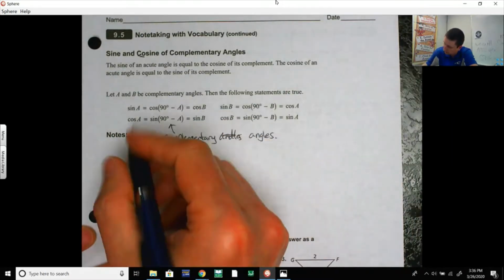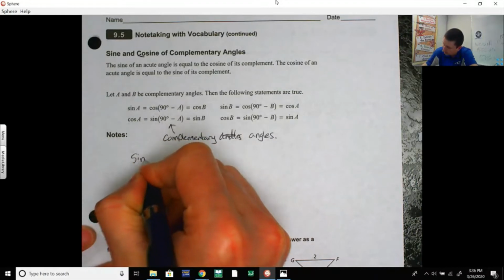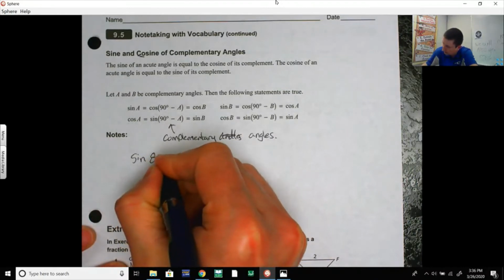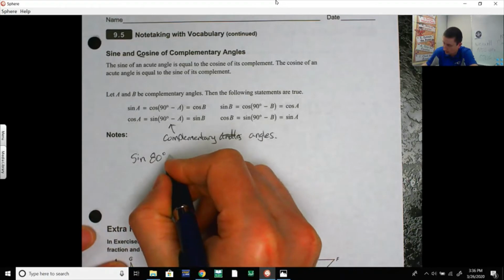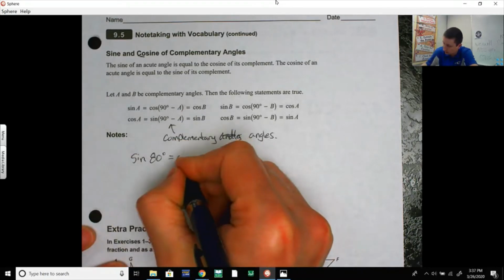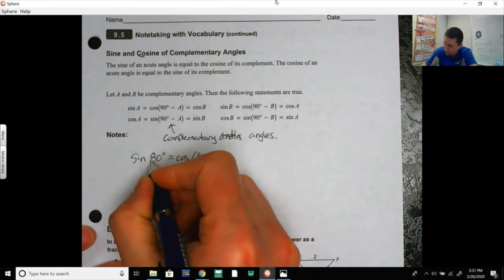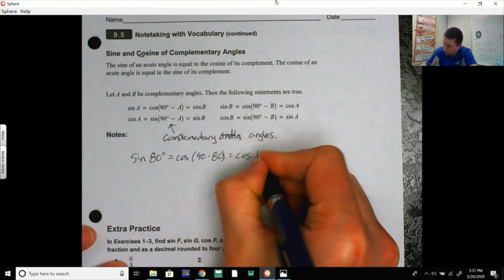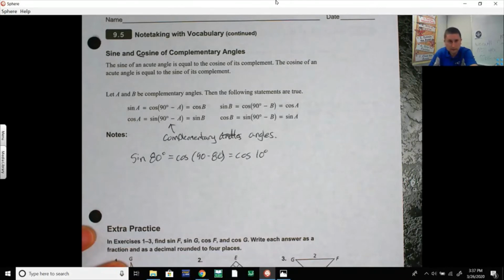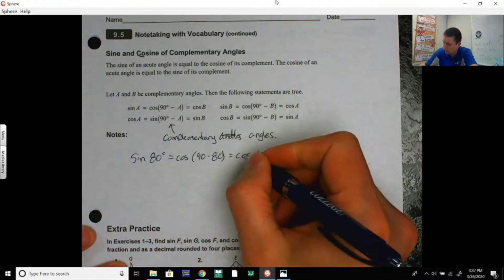So how it works is if you have the sine of 80 degrees, that would equal the cosine of 90 minus 80. Well, its complement has to be 10, so that's the cosine of 10 degrees.